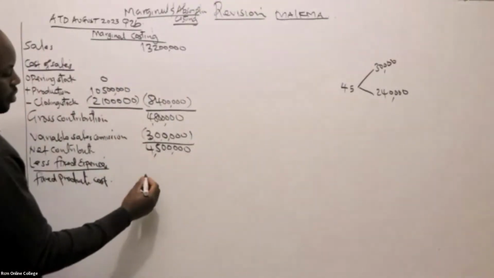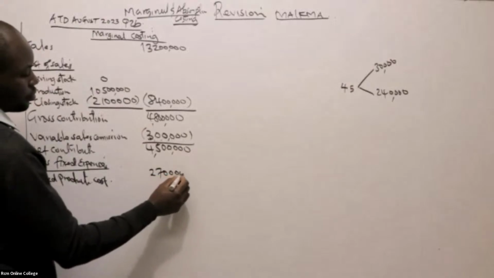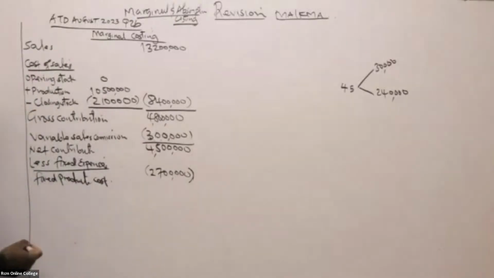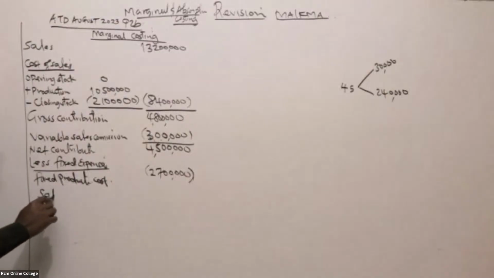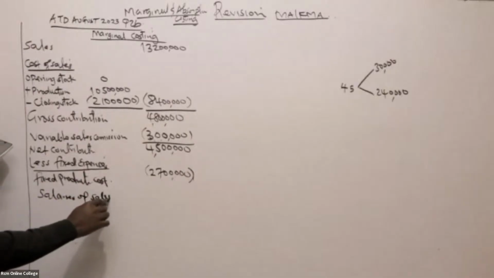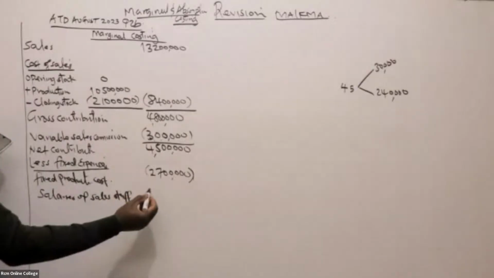So that's what we need to record here, 2,700,000. Then we now need to less the fixed selling and administration expenses. One of them is salaries of sales staff, that is 450,000.